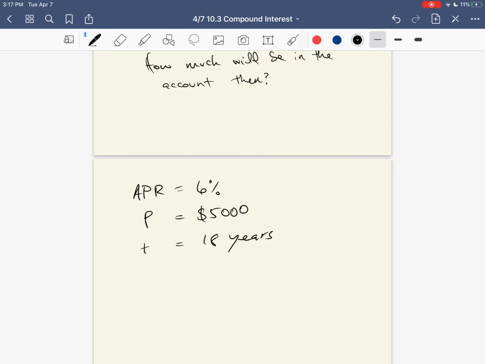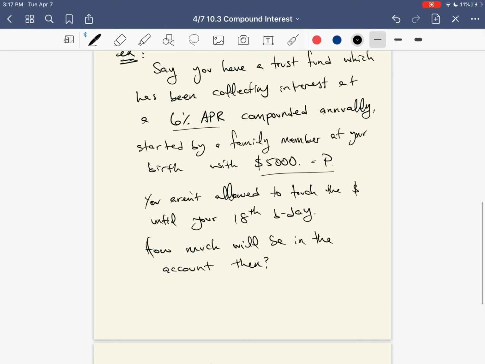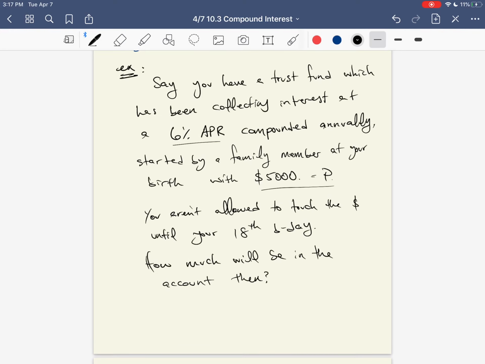Okay. Well, we can figure out how much interest is accumulated in the first year, just like we did with the simple interest, right? Because the initial amount is the principal, and there's nothing else to accumulate interest on other than the $5,000 which was put in there from the beginning.